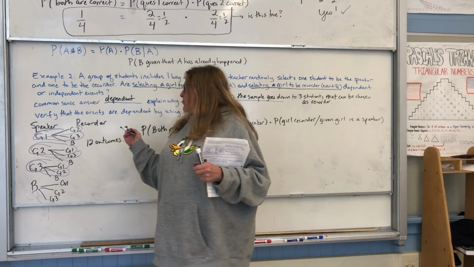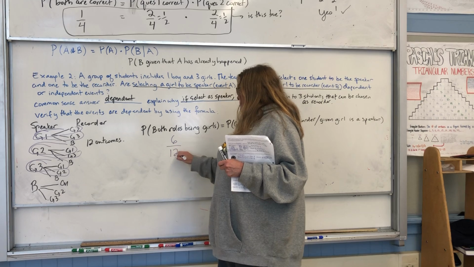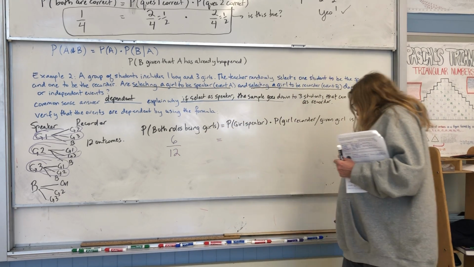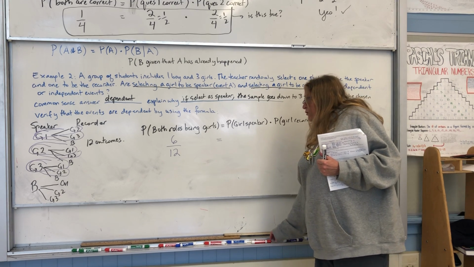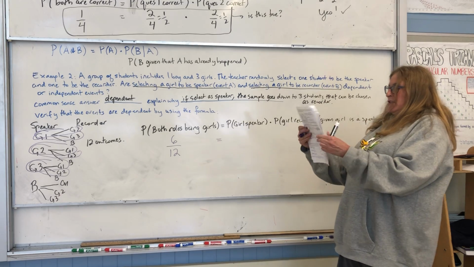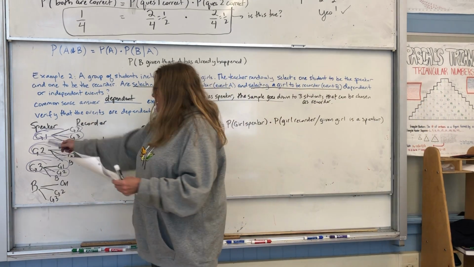There are 6 possibilities that both of them are girls out of the 12. Okay? Okay, guys, what is the probability that the speaker is a girl? Well, let's look here. It's 3 out of 4.